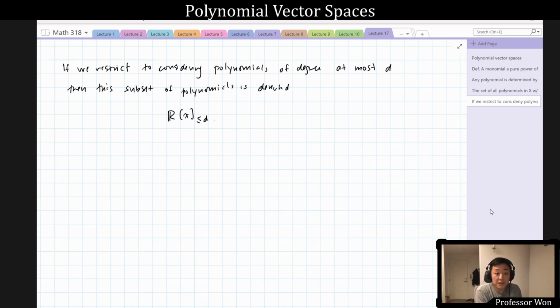Okay, and again, you should check that this is a vector space. So this is a vector space.